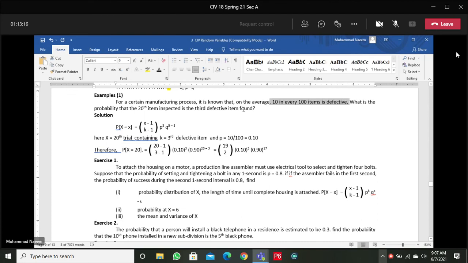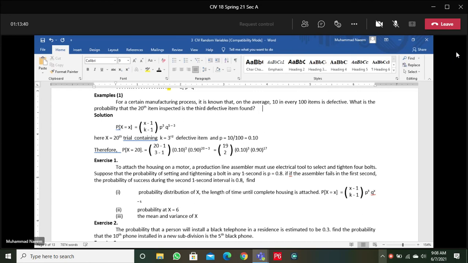Did you observe that? The same problem we discussed in previous examples, where we converted a binomial problem to negative binomial. Now this is a perfect negative binomial problem. That 20th item is our third defective.